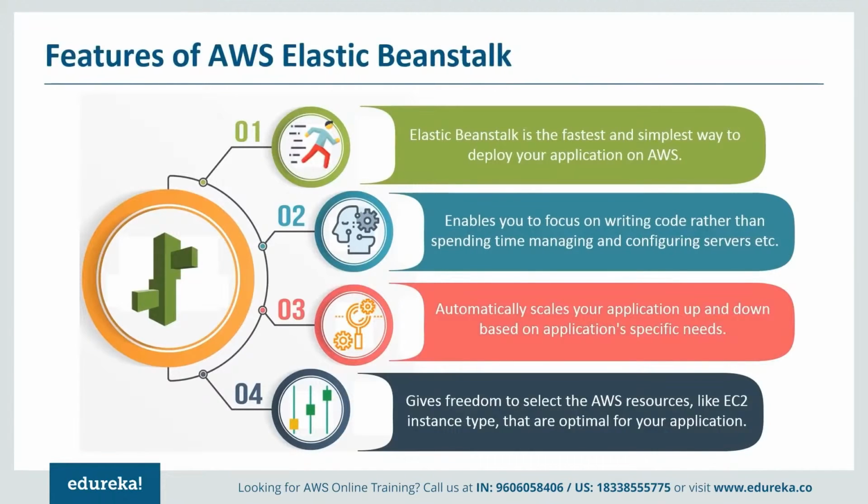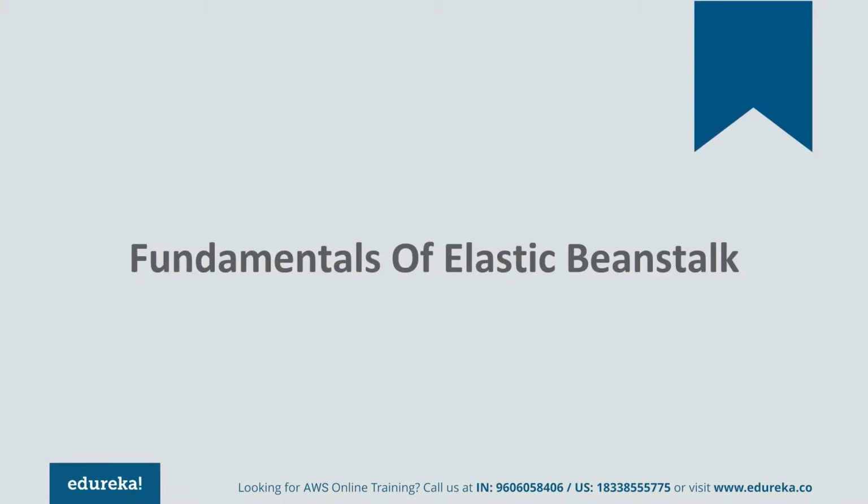Well, if you remember, if you're trying to use Infrastructure as a Service to deploy your application, you will have full control over AWS resources. Similarly, Beanstalk also provides you with full control over your AWS resources, and you can have access to the underlying resources at any time. Let's try to understand Elastic Beanstalk a little deeper.